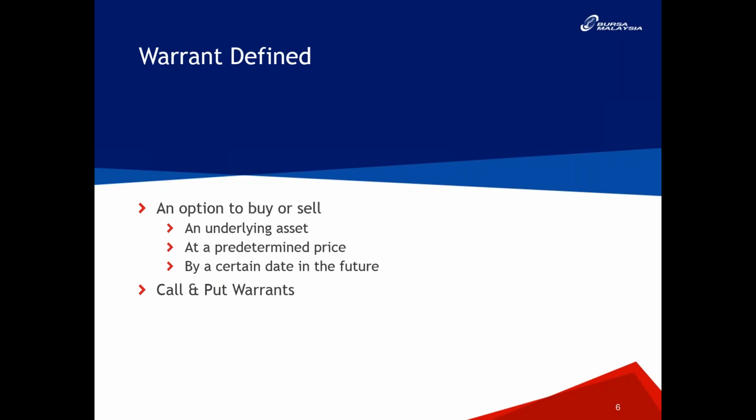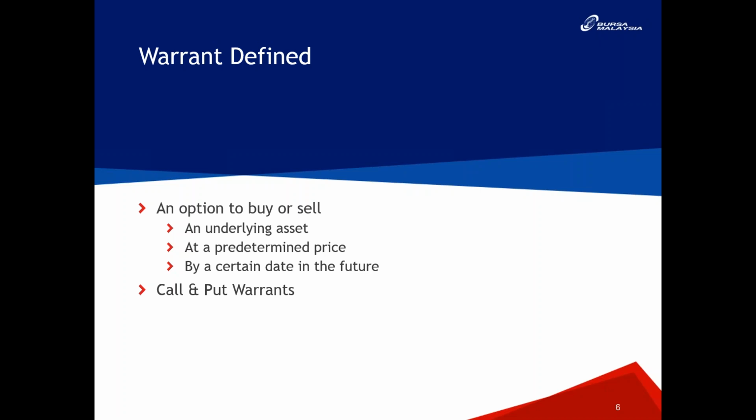Now, most people would know that warrant is an option. It's a financial instrument that actually gives you the options to buy or sell the underlying assets. Now, options is something that confer you the rights to buy or sell.